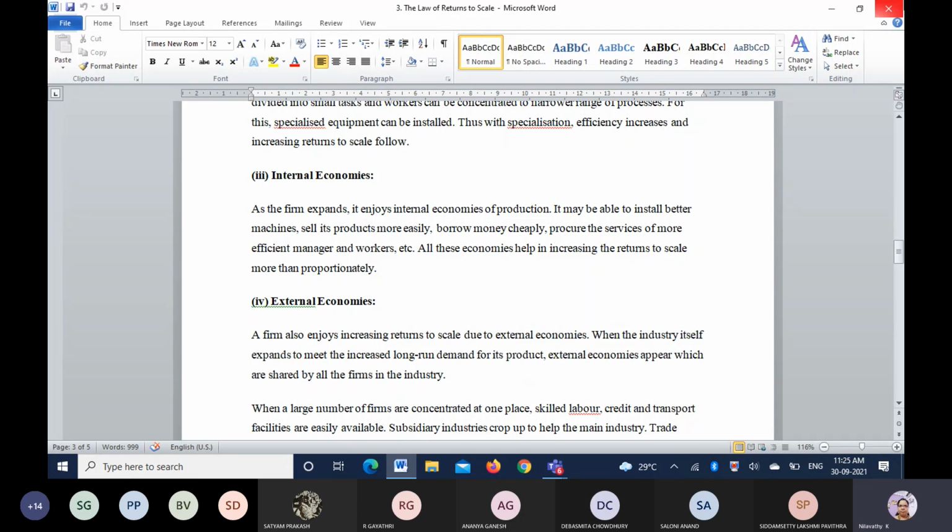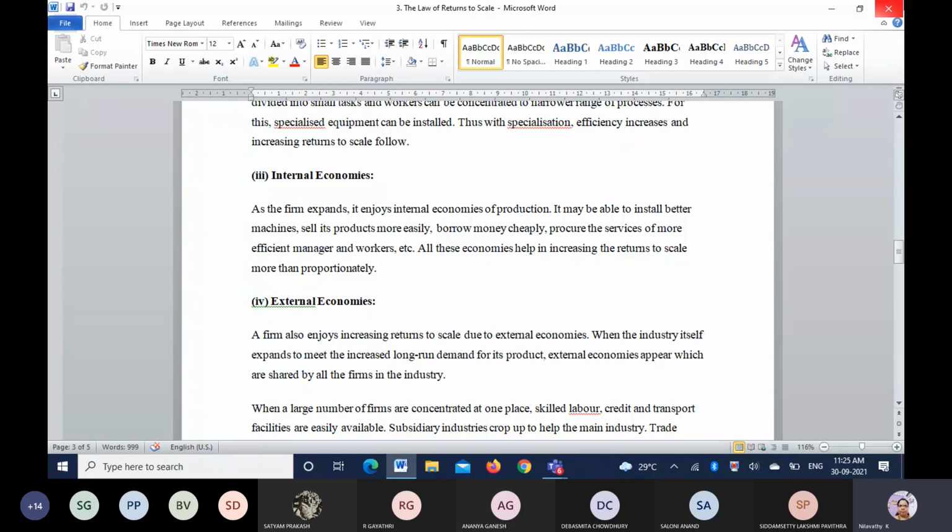External economies is again the same thing. You are a firm under an industry, and all the advantages which come from outside, for example, because that industry is in that particular locality, there can be availability of skilled laborers.